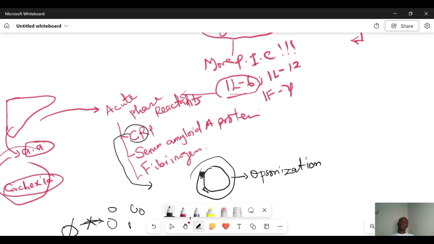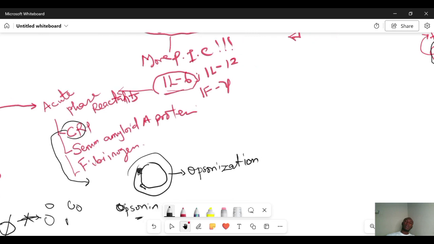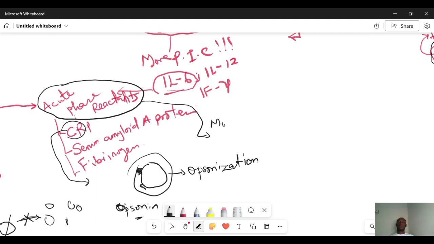So acute phase reactants, this is where we are. Aside from opsonization, which we just noted is one of the functions, they help to mop up free radicals.